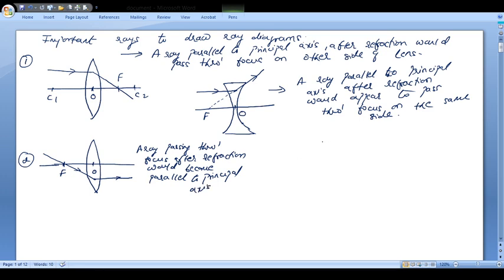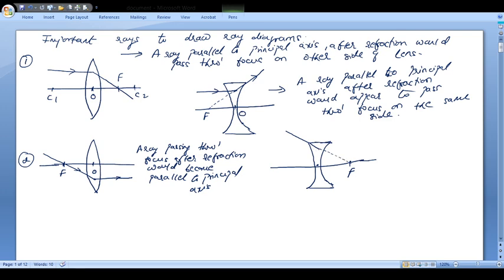Now let's see what we will have for the concave case. Say this is a concave lens, and this is basically your principal axis. Now see the ray passing through the focus here. Let us suppose this is the focus. If I have a ray like this, it will appear as if it is passing through this focus.